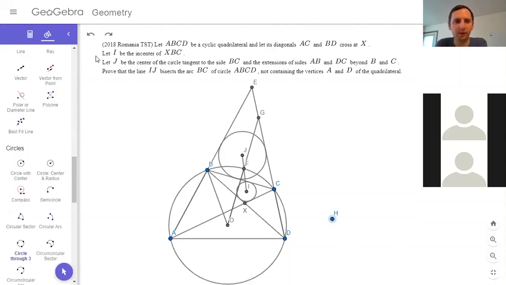All right. So how do we show BODG is cyclic? I mean, basically we want to show BGCO is like a kite, right?